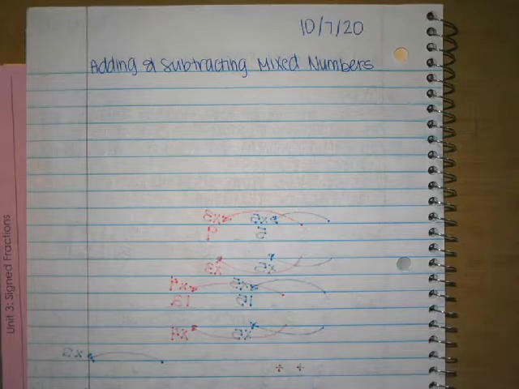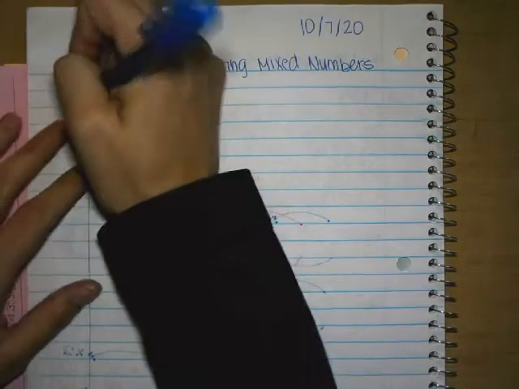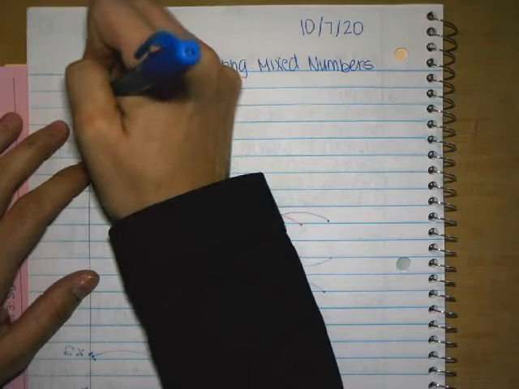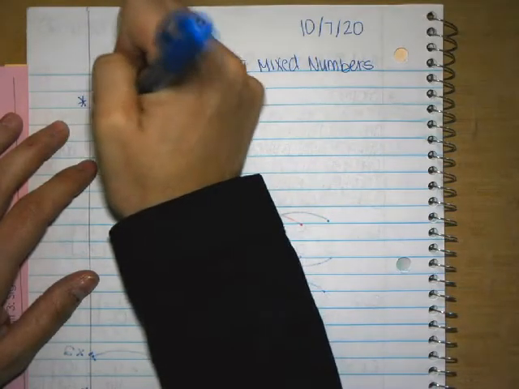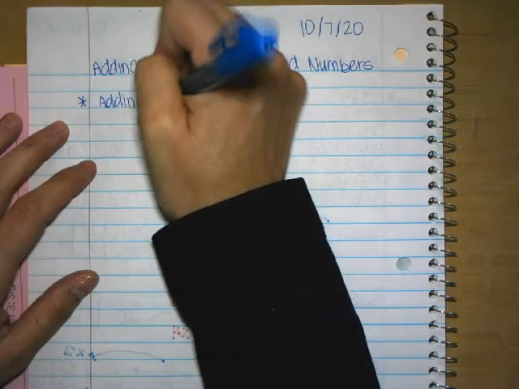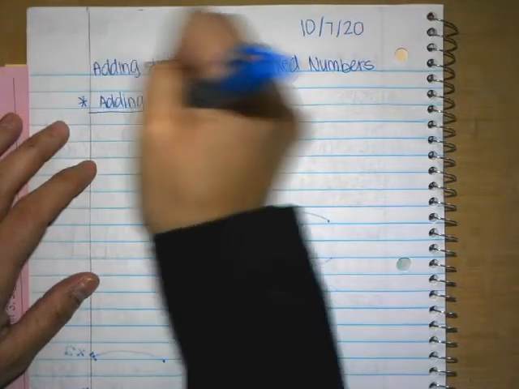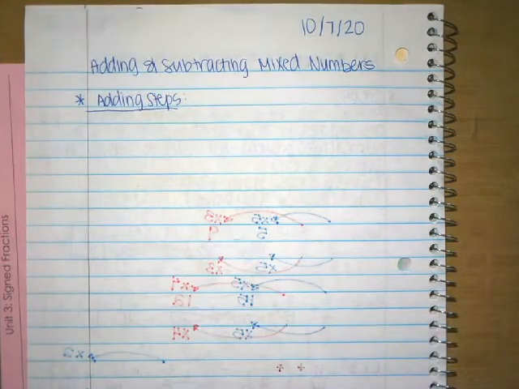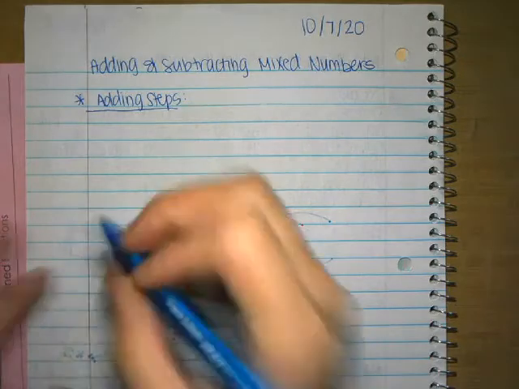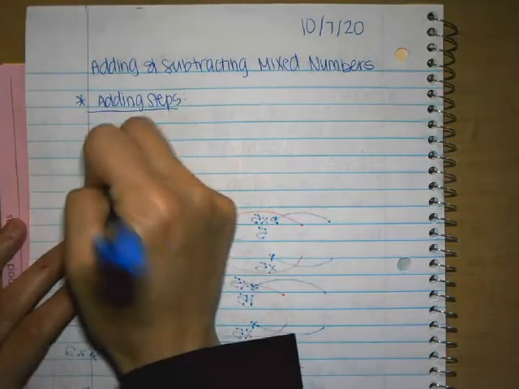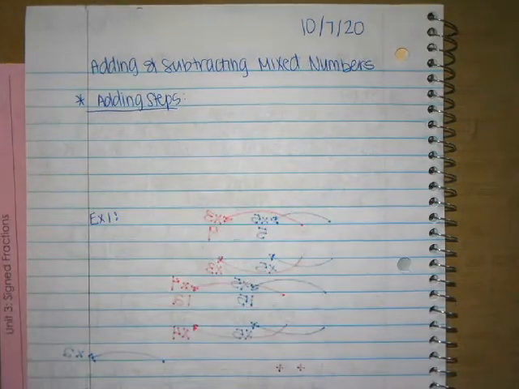And we are going to start off by talking just specifically about adding. So we're going to do our adding steps. So if we are adding mixed numbers, we'll do example 1.